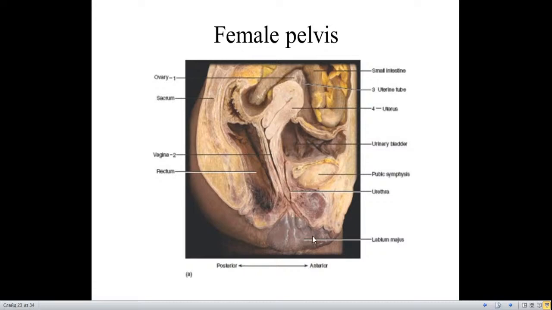Here is urethra, labia majora. Behind vagina and uterus is rectum. And here we can see a very deep pouch known as Douglas pouch or recto-uterine pouch, excavatio recto-uterina. Keep in your mind, later I'll explain its clinical significance.